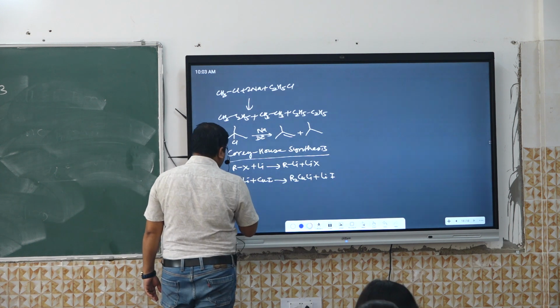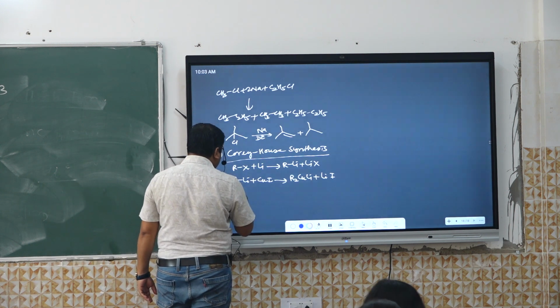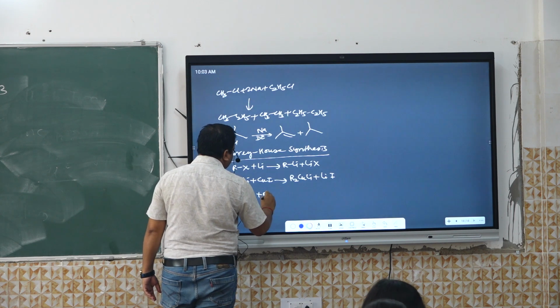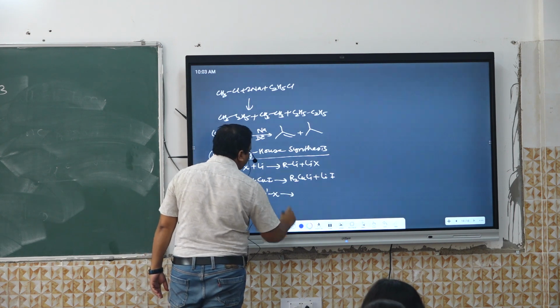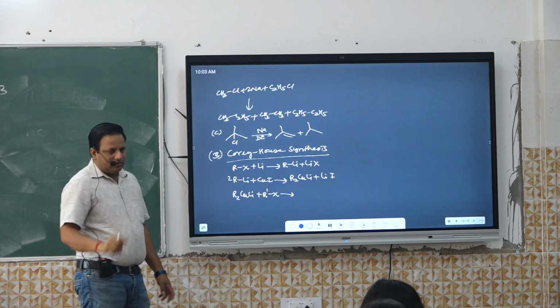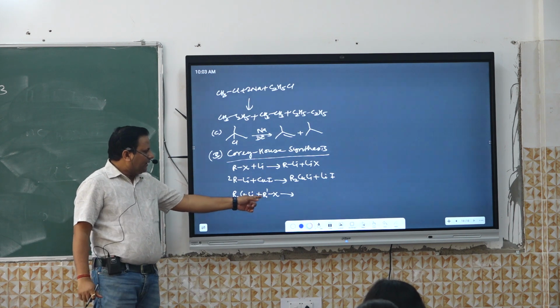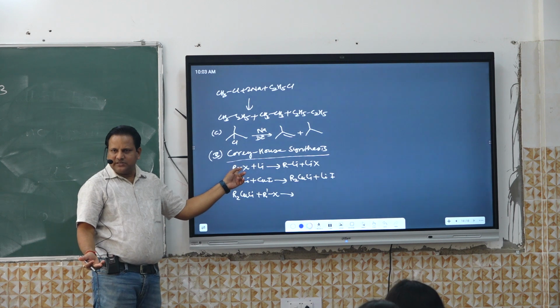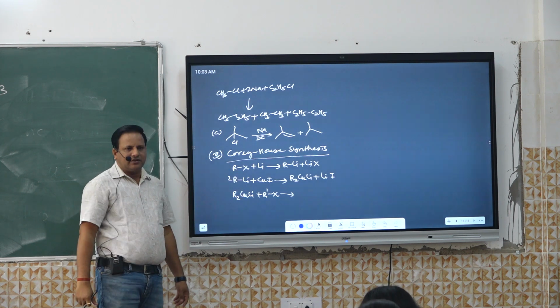The dialkyl cuprous complex is formed, that will be treated with haloalkane. Now here in this third step you can take the help of the same haloalkane. If we take RX, that will give symmetrical alkane.